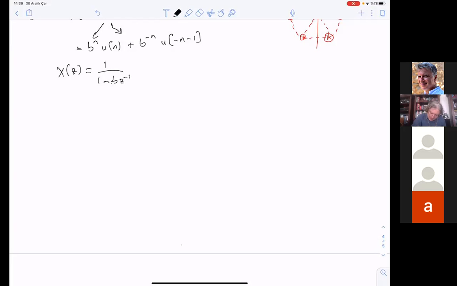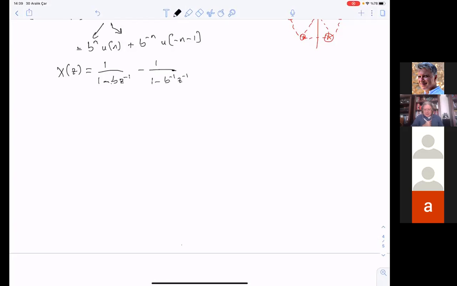Let me write slowly. Minus, the minus comes from the left-hand sided part. 1 over 1 minus b inverse z inverse. That is the z transform of the negative sided term.